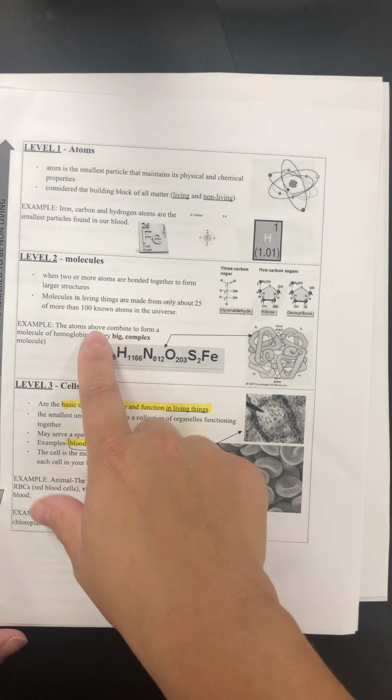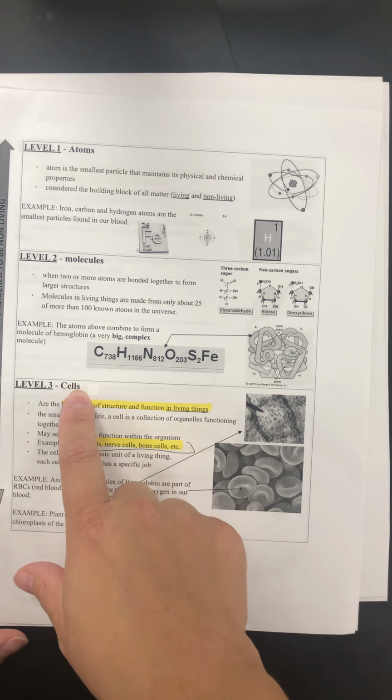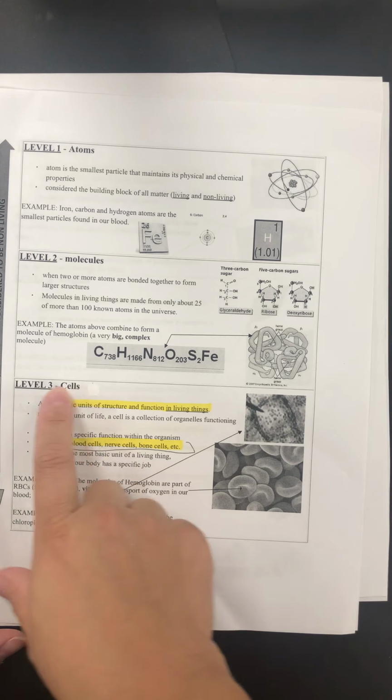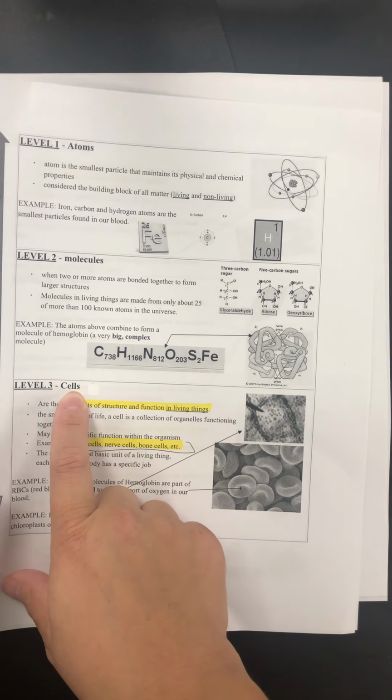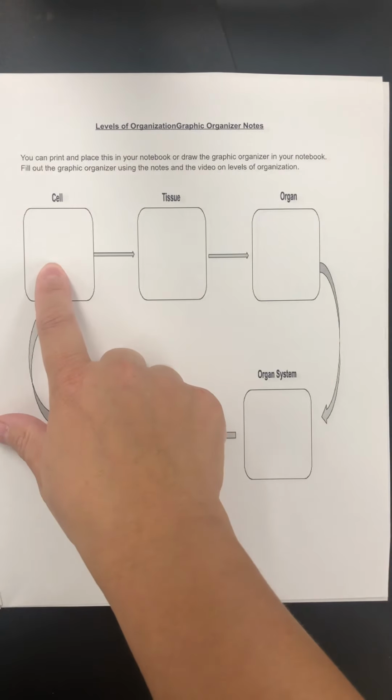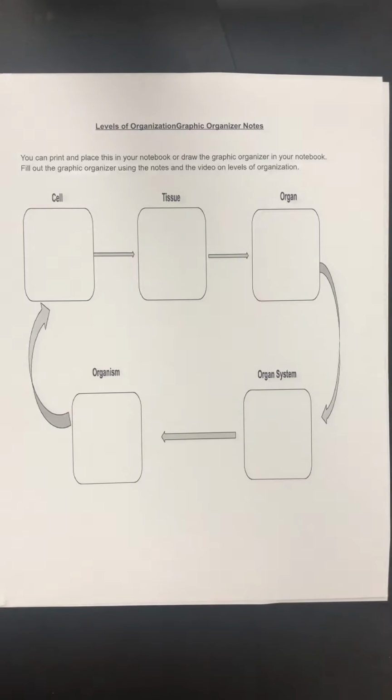So then these molecules create cells. Cells are the first level in which we are now living. So in our graphic organizer, we have the cell box.